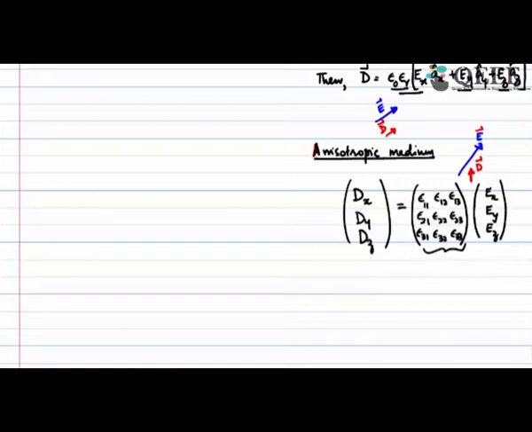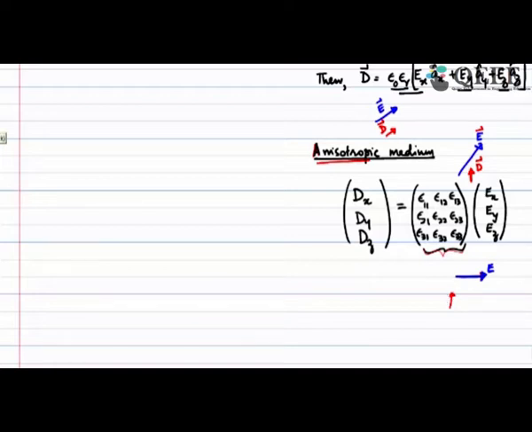To give you an example, I could have, let us say, E along the x direction alone. In this anisotropic case, my D could have some random orientation. Why?